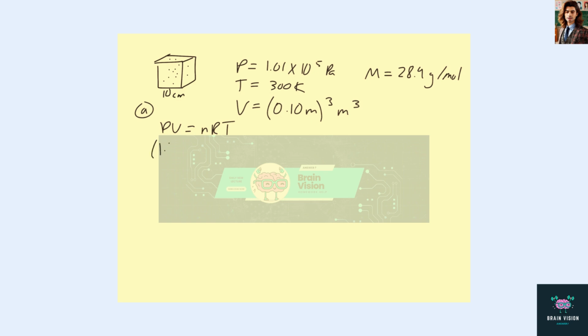Pressure 1.01 times 10 to the 5 pascals times our volume, which is 0.10 cubed, is equal to number of moles, times R, 8.31, times our temperature, 300 Kelvin. Solve for n and find that we have 4.05 times 10 to the negative 2 moles.